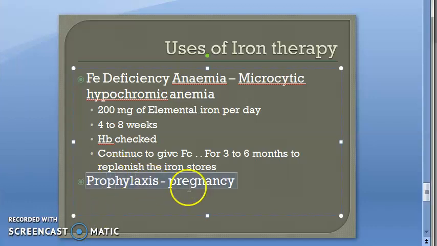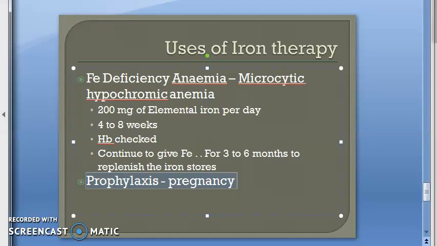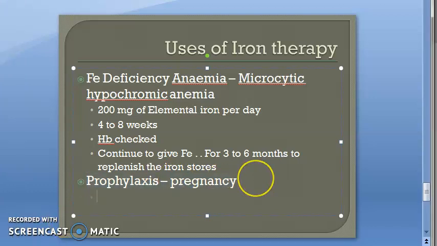Now let us move on to prophylaxis, guys. Prophylactic iron therapy is usually indicated for pregnancy, infancy, etc. Prophylactically, it is given to meet the increased demand of the growing fetus and the uterus and to combat the loss during labor. For prophylaxis, how much will you give? 100 milligram of elemental iron per day, right?